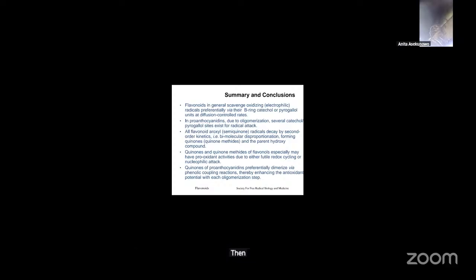Then we also talked about the ring opening reaction when derivatives of benzoylpyrone react under alkaline condition. We also talked about the condensation reaction, just like with carbonyl compounds, of this derivative of benzoylpyrone.